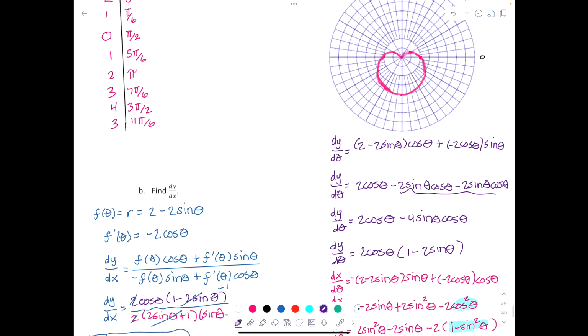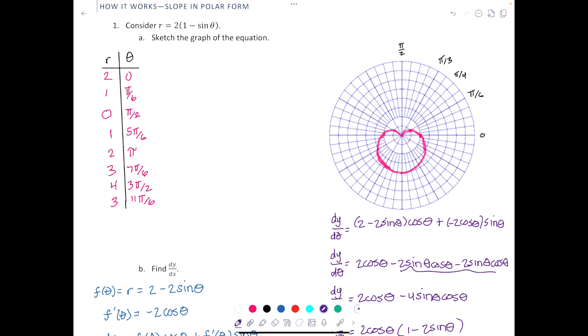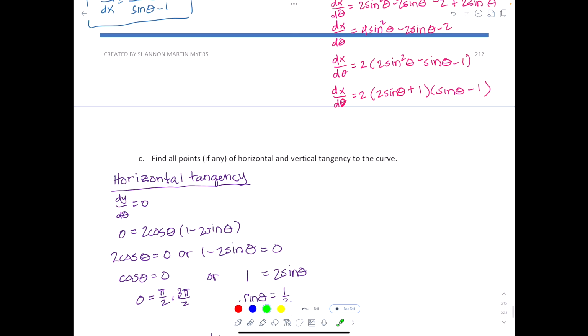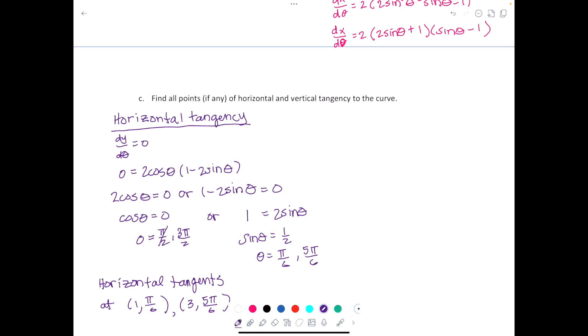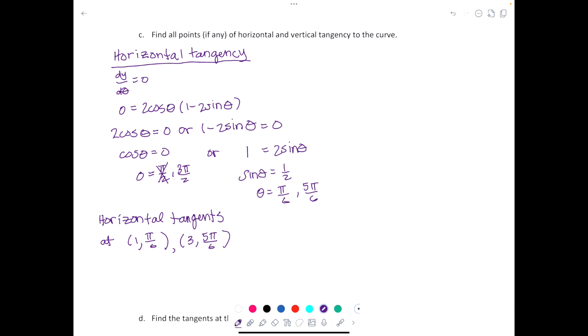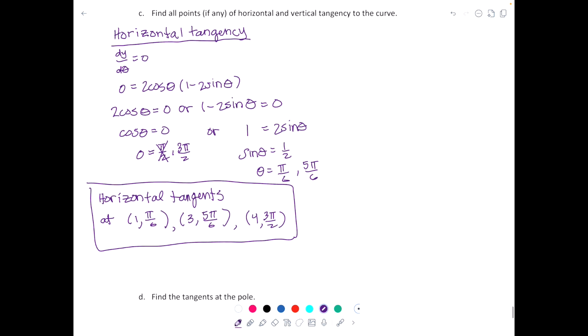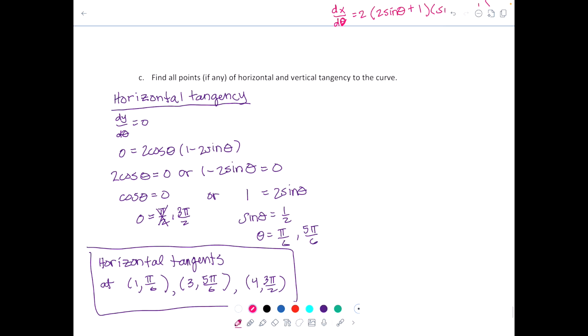Now, looking at the graph, this is a sharp corner right at the heart. So when I say this, I'm looking right here. And so it's not going to have horizontal tangency, but down here we will. So at 3 pi over 2 we will, but not at pi over 2. So we'll have one at 4, 3 pi over 2. Cool so far? All right, vertical tangency.